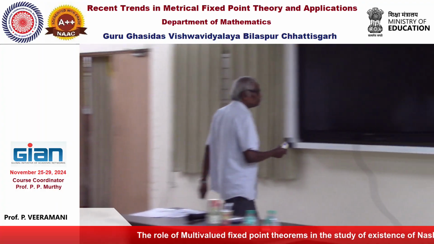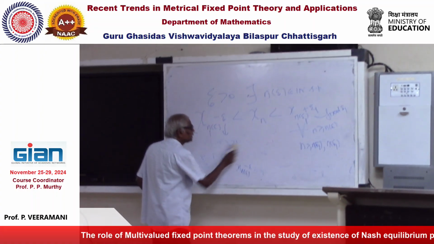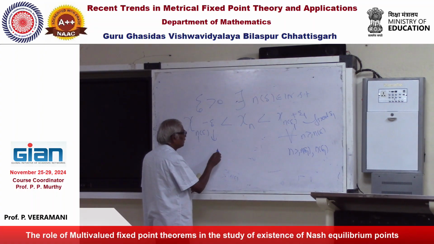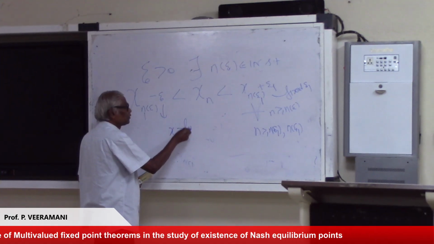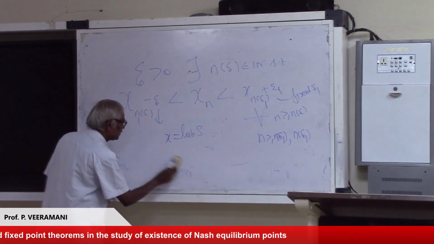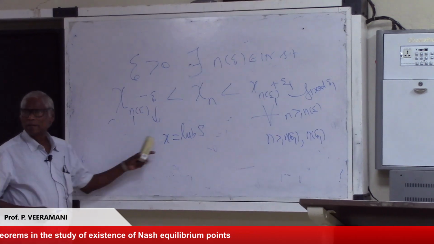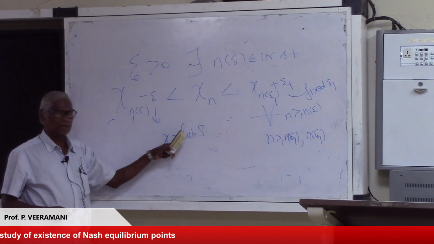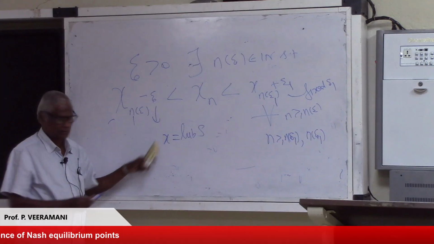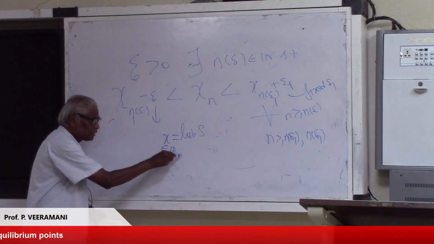So that is why this set S will have x equal to the least upper bound of S. Then we have seen that by the LUB axiom, since it has an upper bound, it has a least upper bound, which we call x. The least upper bound is a real number.